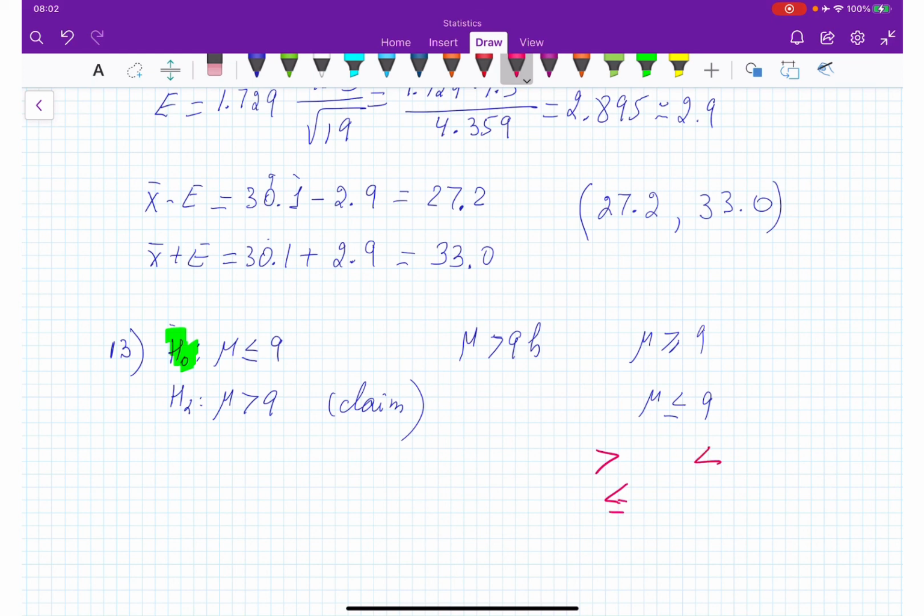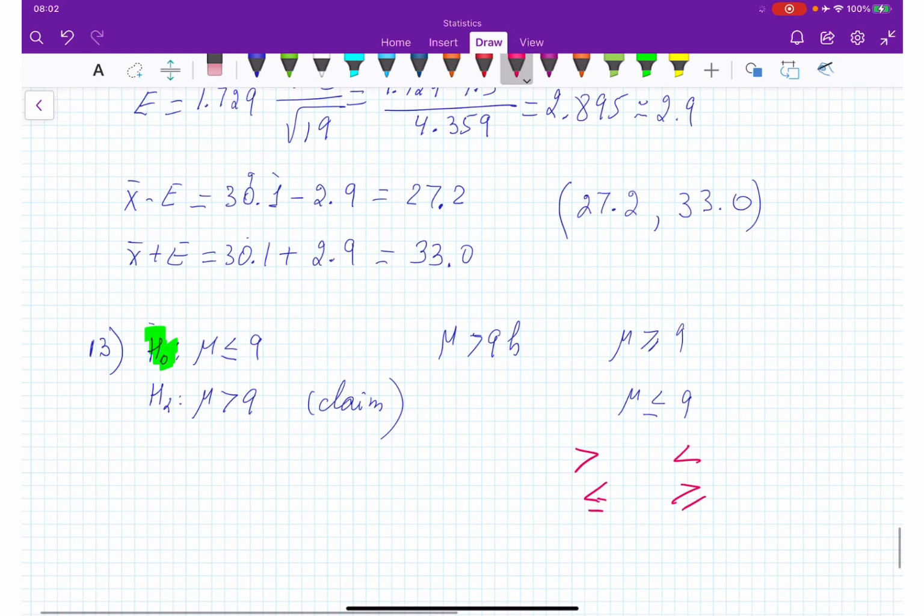If one is less than, the other one is going to be greater or equal. If one is greater or equal, the other one is going to be less than. If one is less or equal, its alternative will be greater than. Yes? Okay.